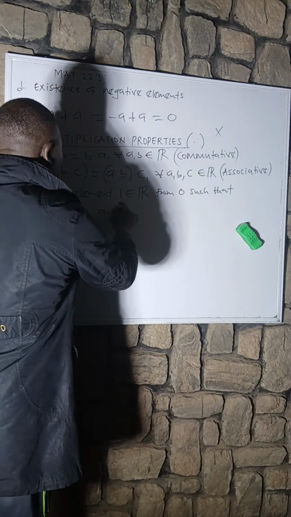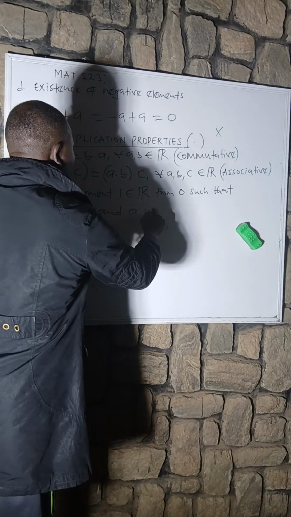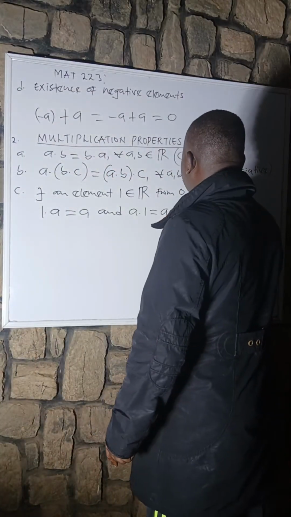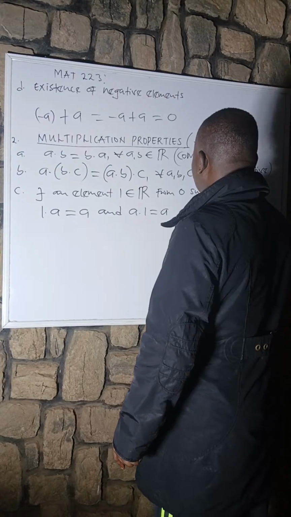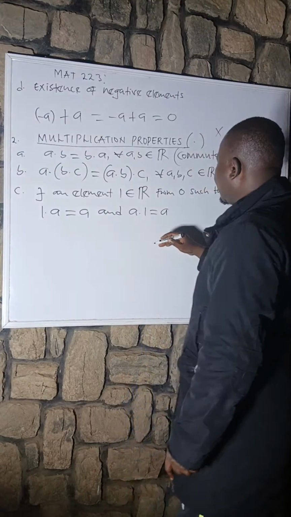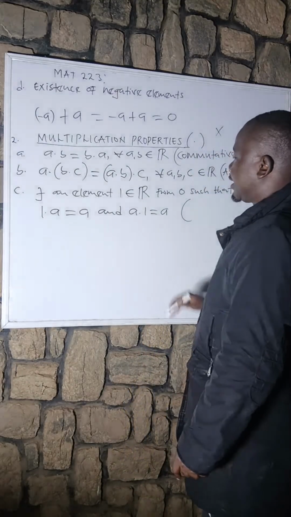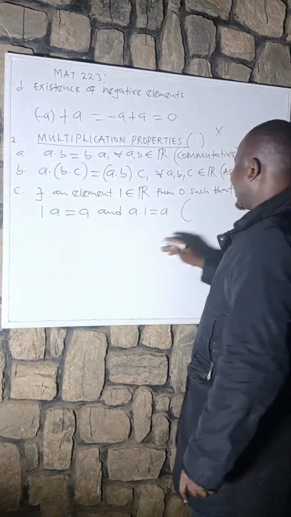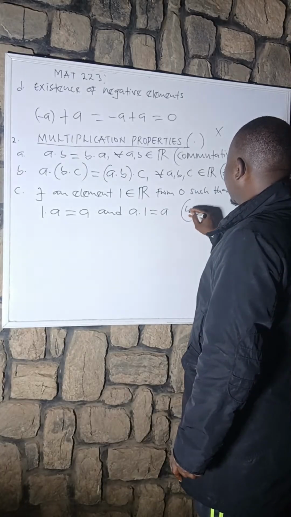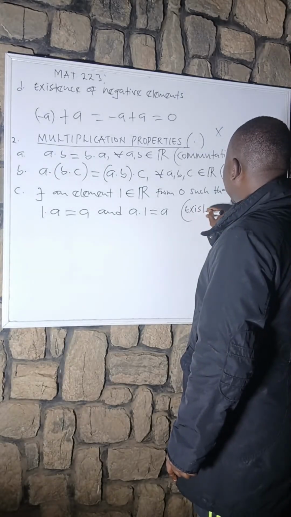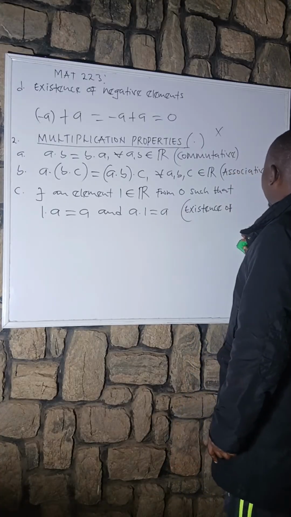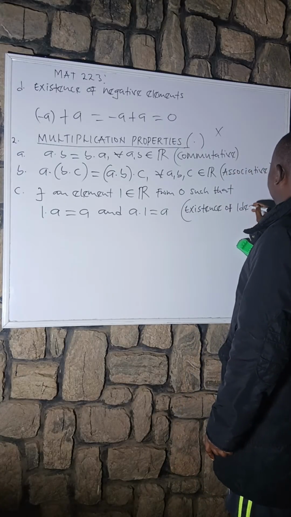Likewise, a times 1 is equal to a. True or false? So you can now see that this is the existence of identity. We are using the existence of identity.